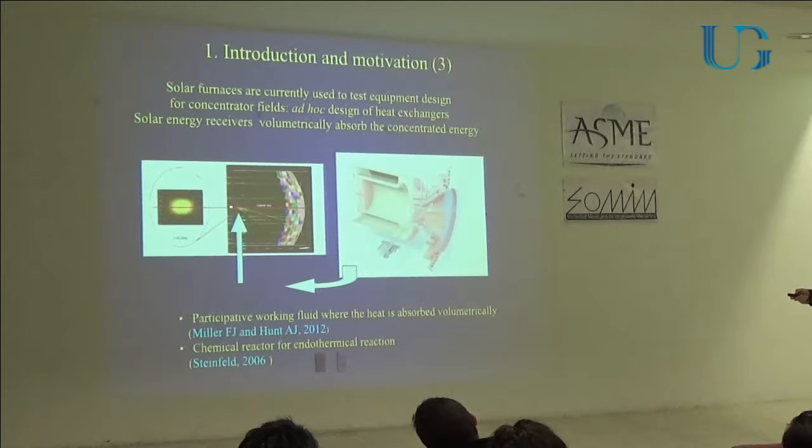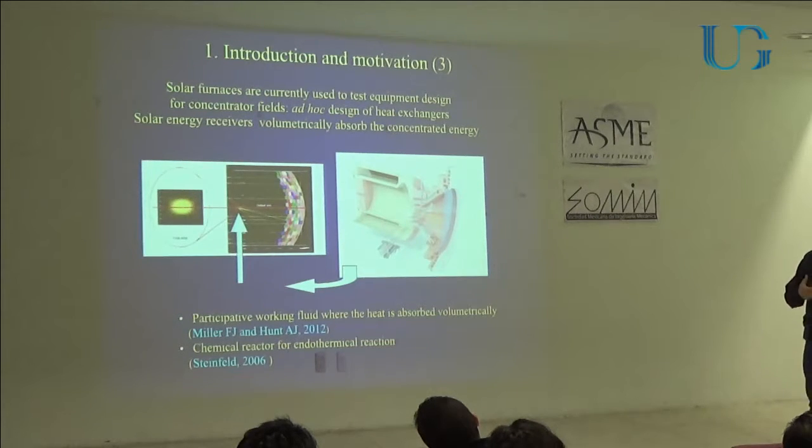What people have done is use not a standard design heat exchanger, but some kind of cavity, some kind of container. And this would be the usual design. We have in front not a surface but a window. And then the radiation comes in and hits something that is inside the container.